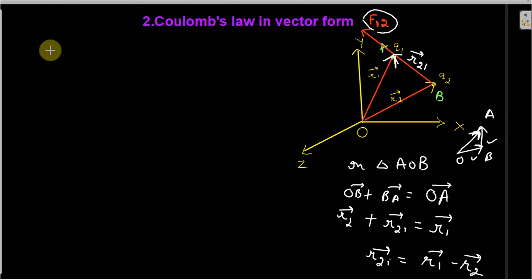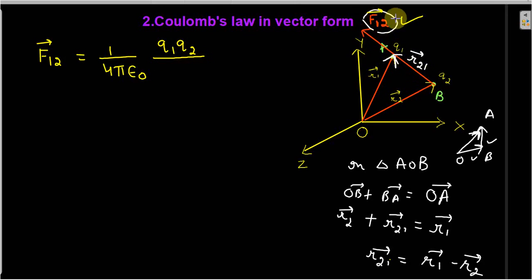So now we will write the formula for force. We will apply Coulomb's law of force of interaction between two charged particles. So we will write here the force acting on the first particle due to the second particle is this one. This force is acting on the first particle, and we will write it using Coulomb's law. As we know, Coulomb's law is equal to 1 by 4 pi epsilon naught, or you can write even k, q1 q2 are the two charged particles, and what is the distance between these two?